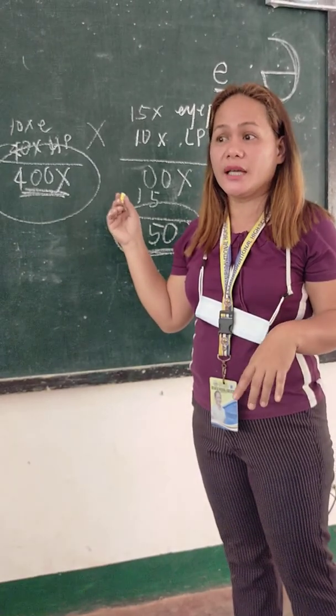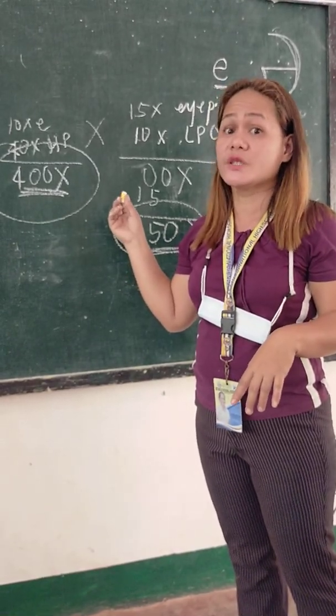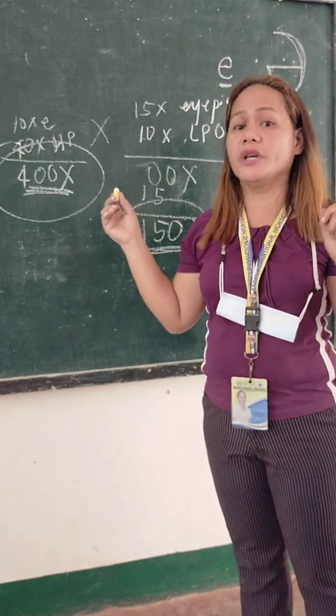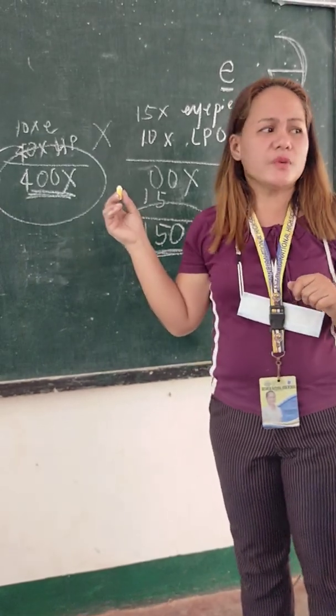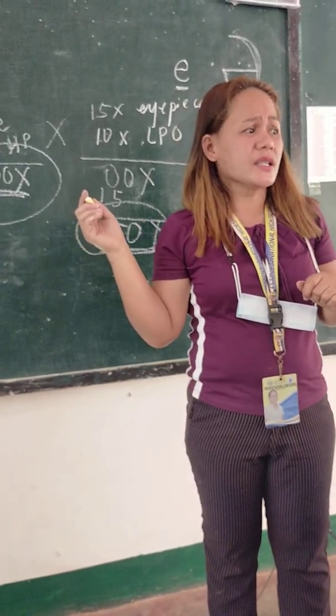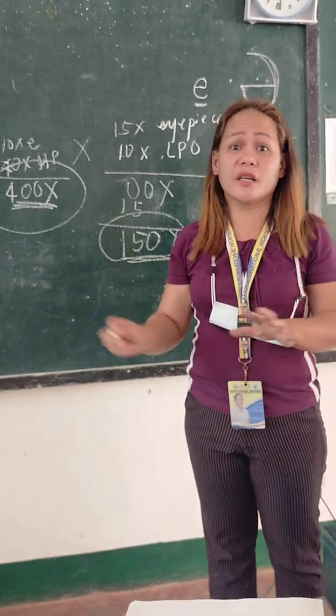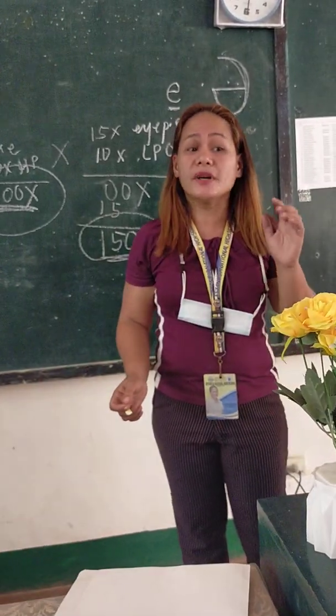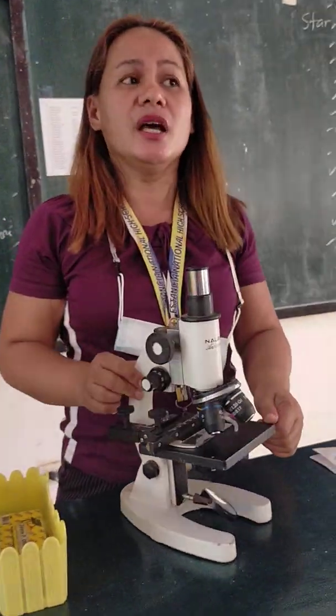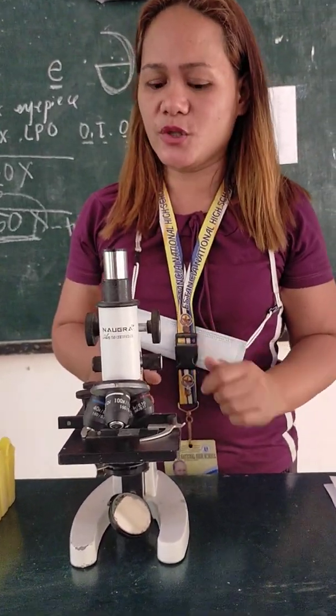That is how it enlarges our very, very small samples which cannot be seen by our naked eye. Sometimes we just don't know that these bacteria or organisms are in the air, but the microscope could make it possible for us to see them.